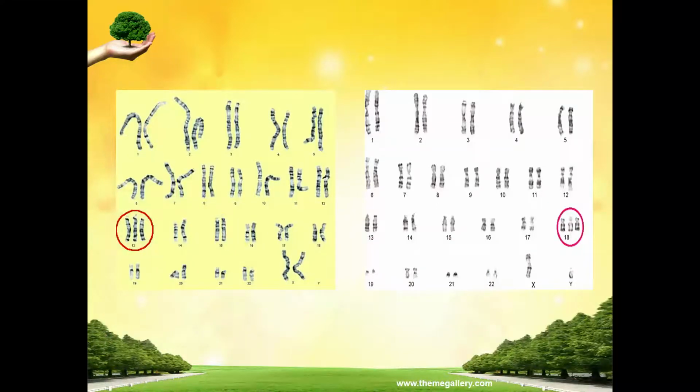The only other human autosomal trisomics to survive to birth are trisomy 13, called Patau syndrome, and trisomy 18, Edwards syndrome. Both show several physical and mental abnormalities.